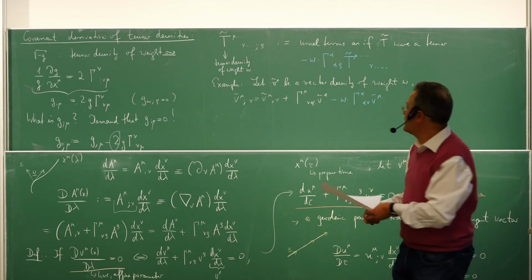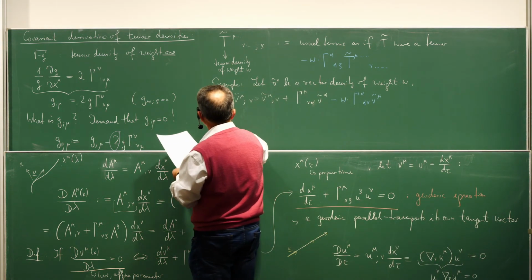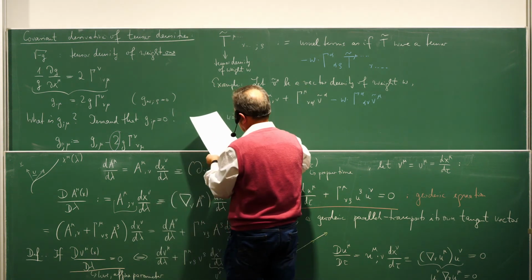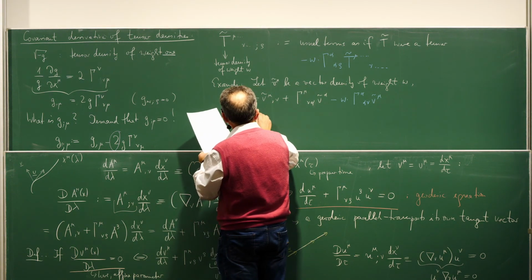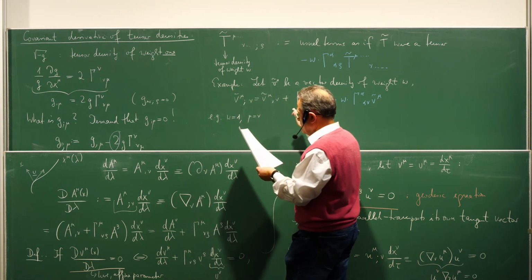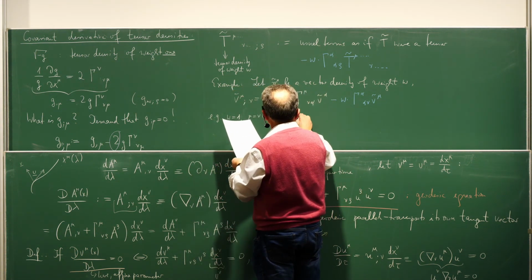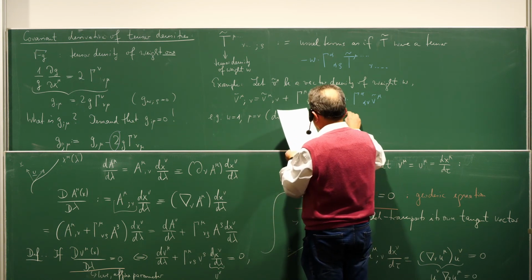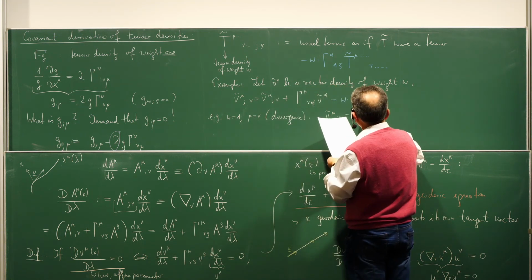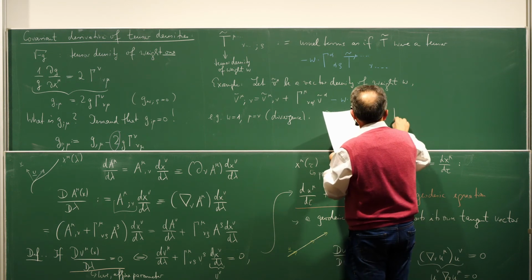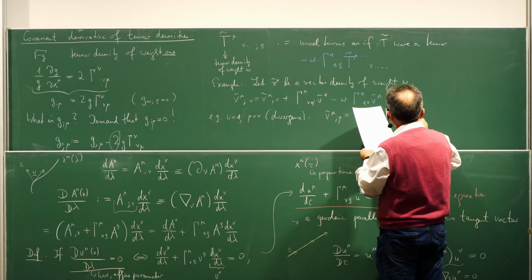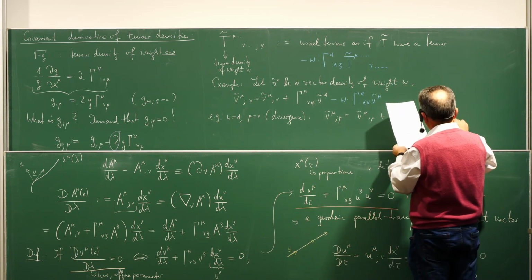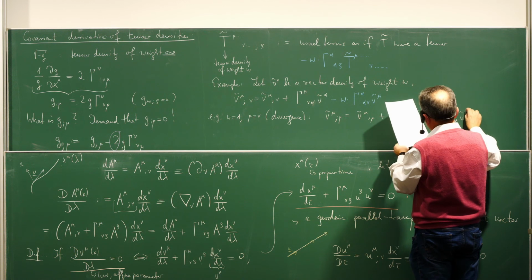And if we then take, for example, weight 1, and set μ equal to ν, so that we have the divergence, then we have v tilde^μ_{;μ} is v tilde^μ_{,μ} plus Γ^μ_{μα} v tilde^α minus Γ^α_{αμ} v tilde^μ.